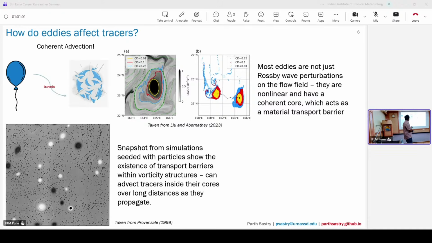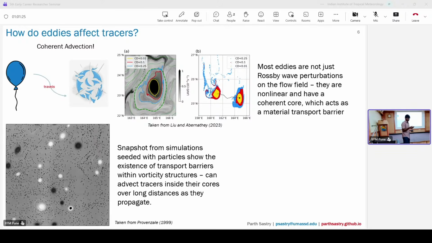These were simulations of the sort of vortex cores and Lagrangian particles done by Provenzale in 1999. Essentially, what they did was that they seeded the background with all these black dots, which are Lagrangian particles. And as they advected them, the background particles stayed in the background, whereas the particles that were kept inside of a single vortex core completely stayed within that vortex.